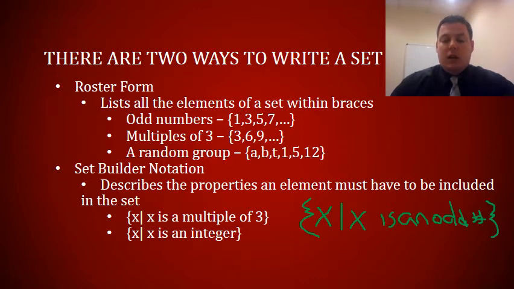So x such that x is an odd number means you have a variable x, and that x must be an odd number. Or x has to be a multiple of 3, which is what this example says.